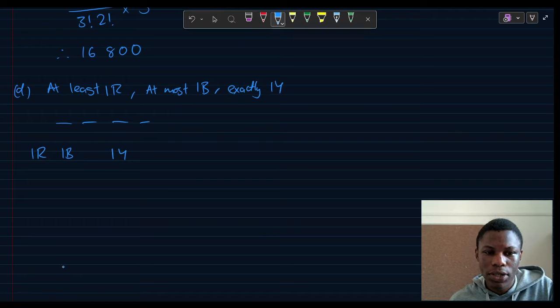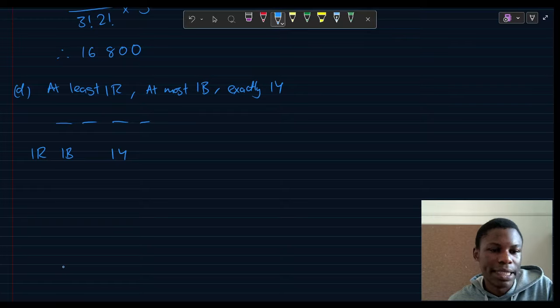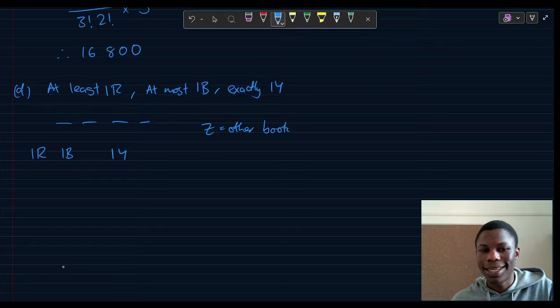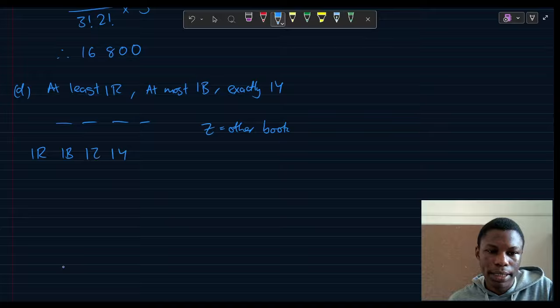I'll just use Z to represent other, so Z equals other book. Z just represents any other book that's not specifically red, blue, or yellow. So 1 Z, to make 4.